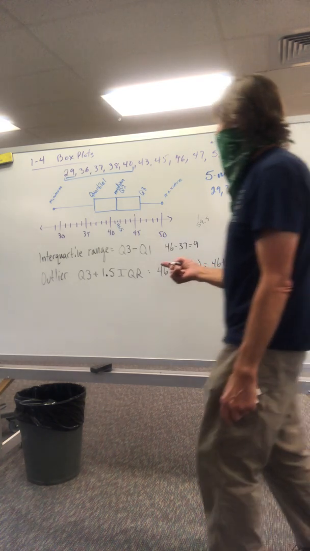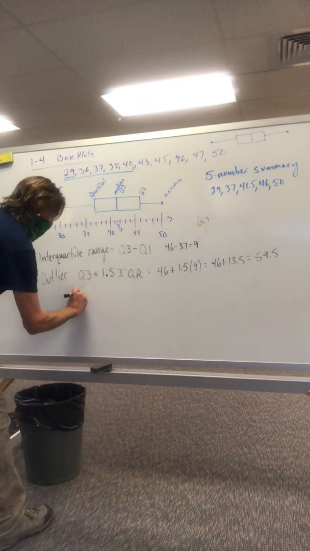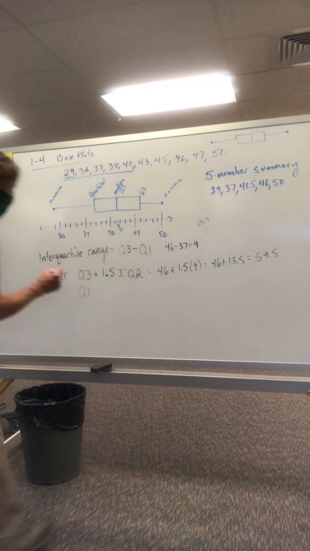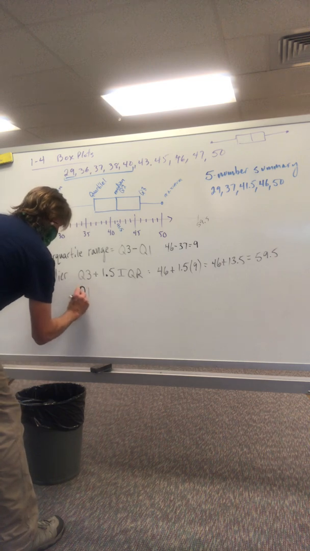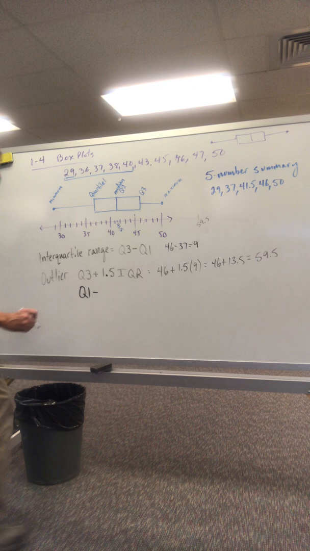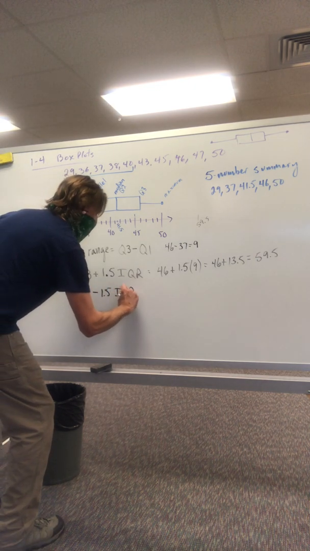So let's look the other direction. The second way to find an outlier is to take Q1 and then go backwards. So we're going to subtract 1.5 of the IQR.